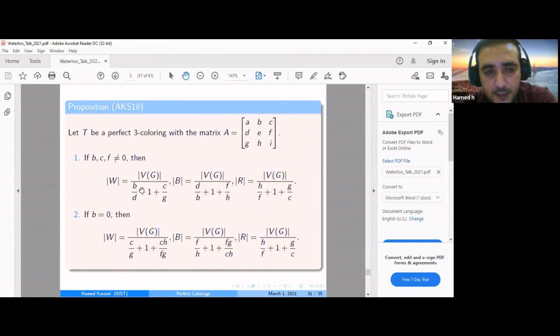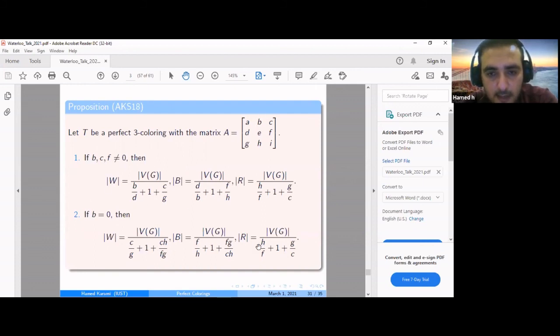This is a proposition for counting the white, black, and red vertices in a perfect recoloring. Let T be a perfect recoloring with the matrix A. Then we can count the white vertices, black vertices, and red vertices. We have 4 cases. The first case is that B and C and F are not equal to 0. The next one is that B is equal to 0.